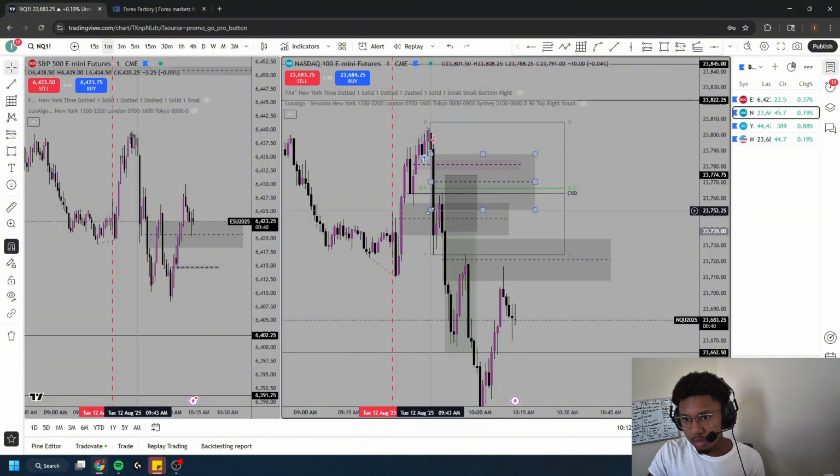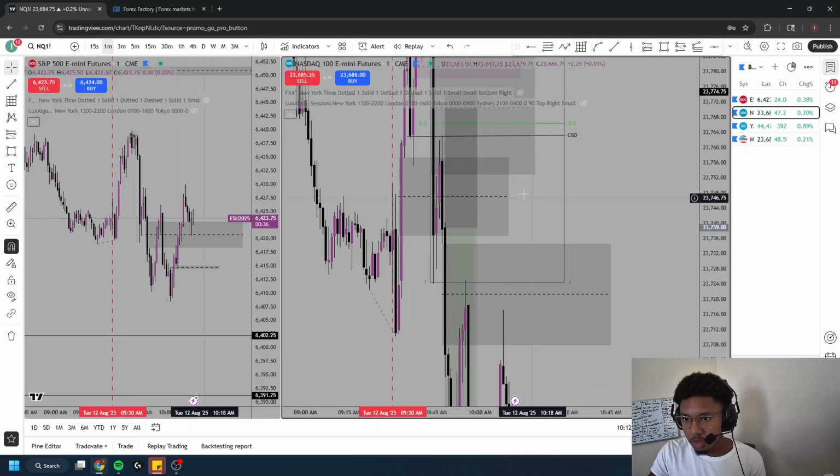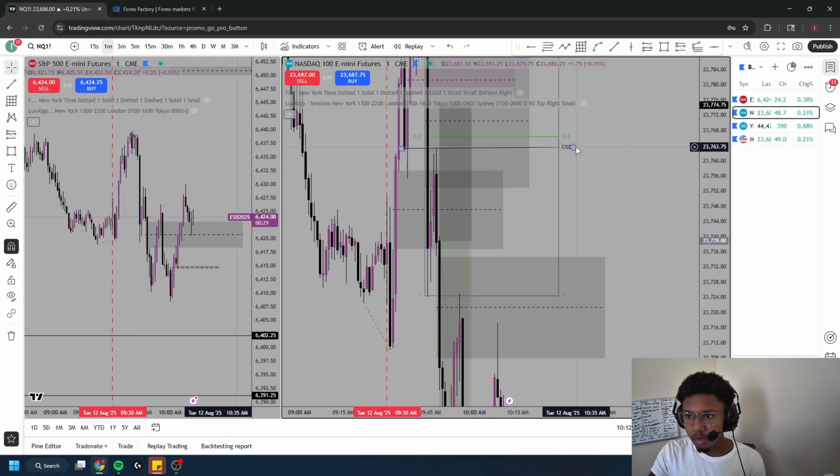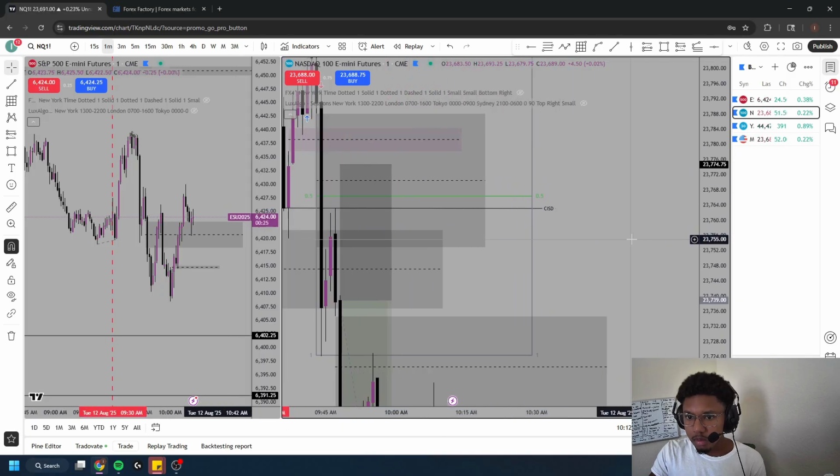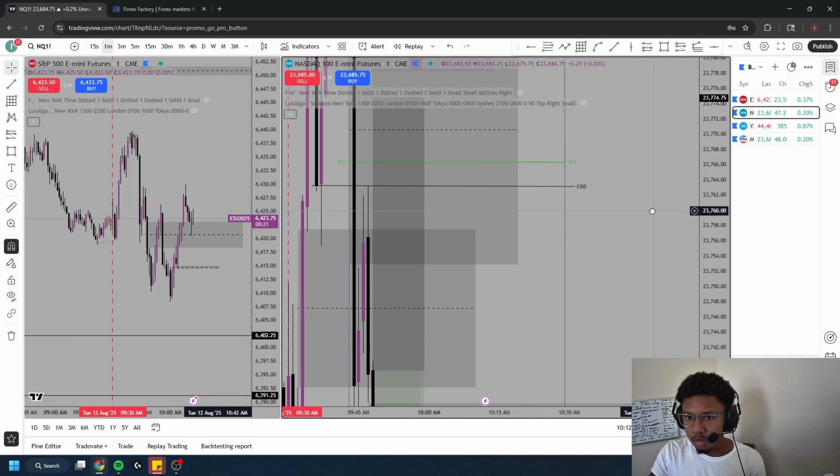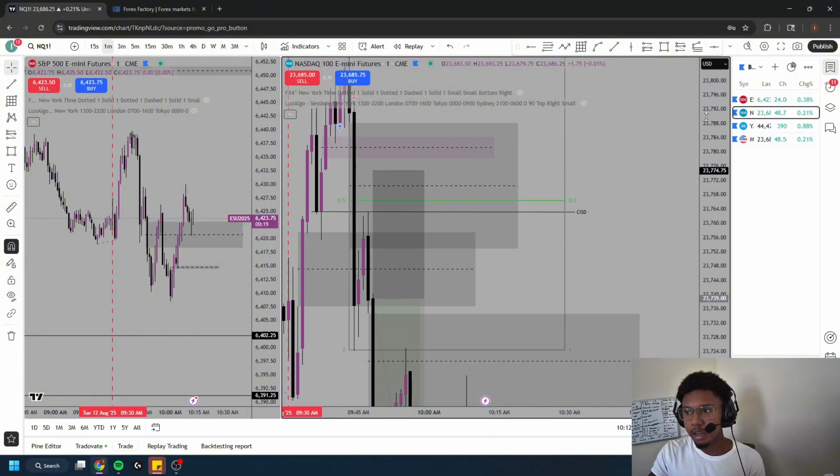What did we do? We came into this gap, and we also had a breaker block that price tapped into just a little bit. Price practically edged the breaker.